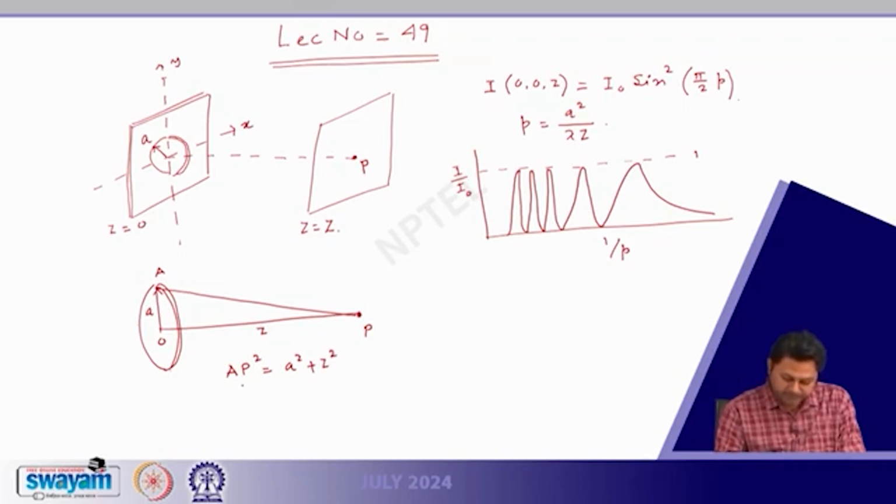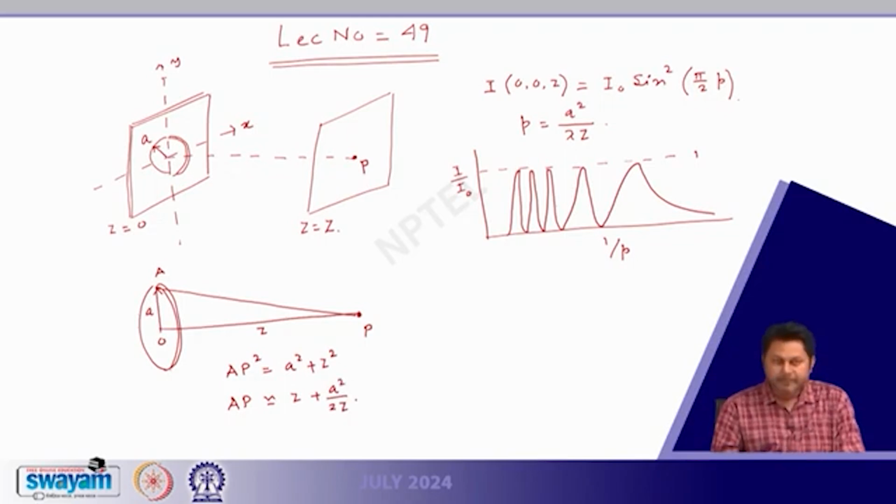Now, A is much smaller than Z, so I can write AP is nearly equal to Z plus A square divided by 2Z. The usual relation we use.